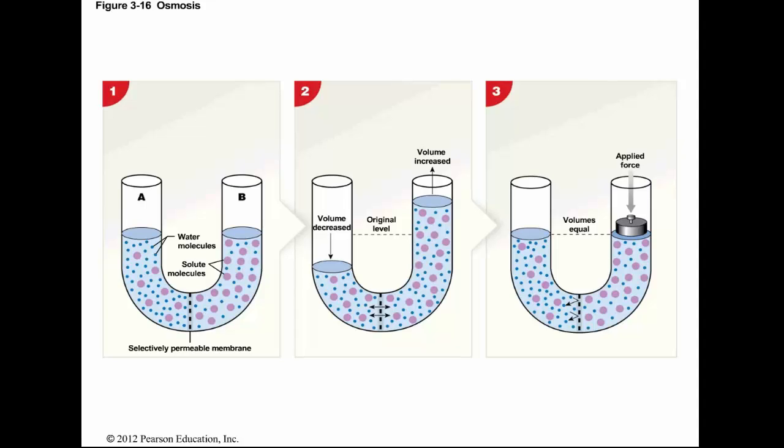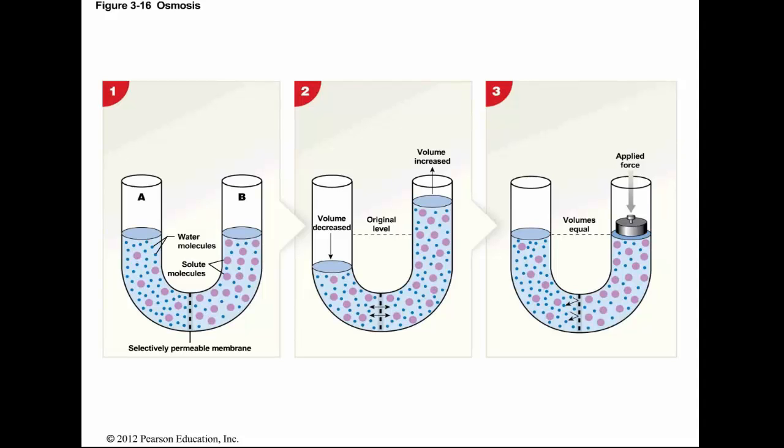Over time, what you can see is that the volume of water on side A will decrease as water by osmosis will move through the selectively permeable membrane to try and balance the amount of water on both sides, so that there is an equal amount of water mixed with the amount of solute.